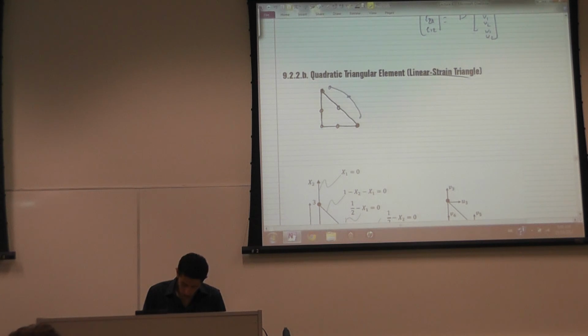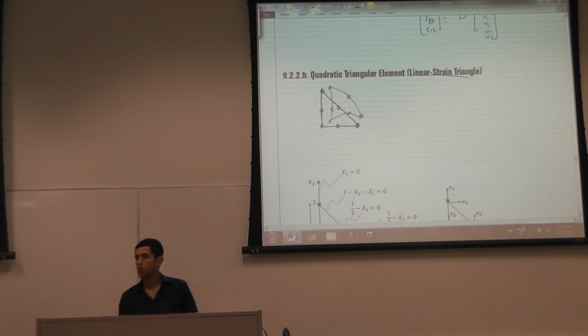The sides would curve. So it allows you better meshing.